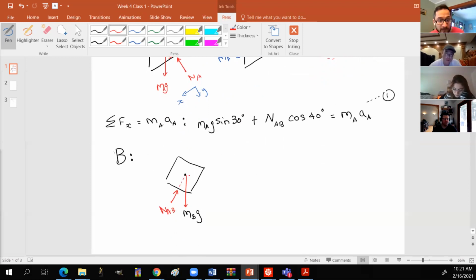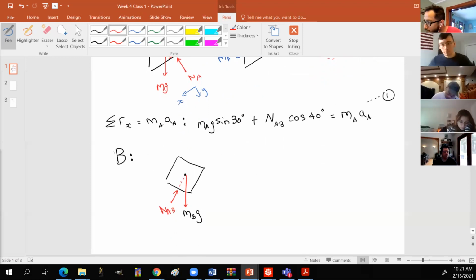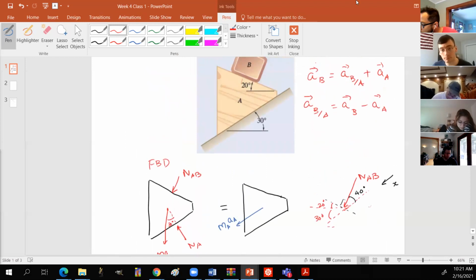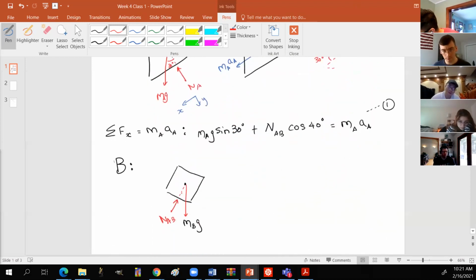And then we know that this angle here is going to be, because it's with the horizontal, 20 degrees. Right? And then we draw the kinetic diagram.